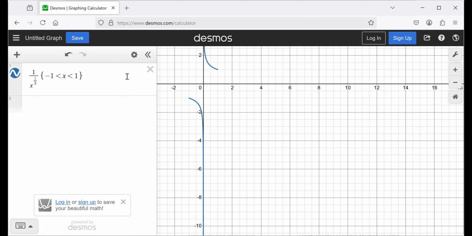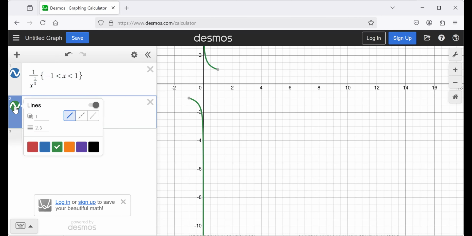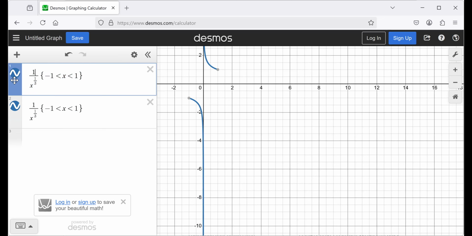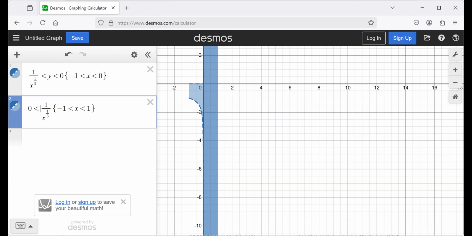It would be kind of a pain to do that. I'd need to break this into 2, and I'd say, well, here I want the area above the curve. And here I want the area below the curve.